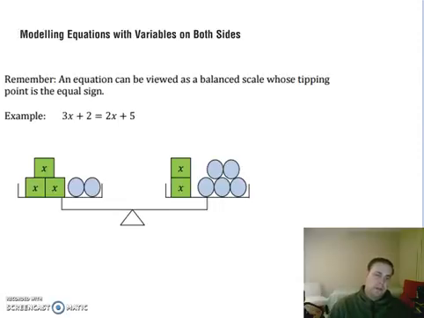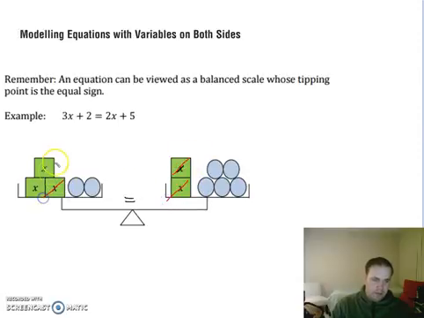So you have to remember that an equation can be viewed as a balanced scale whose tipping point is the equal sign. Okay, so right here, this is the equal sign. So we have 3x plus 2 equals 2x plus 5. Well, very easily, you could remove these 2 blocks here.